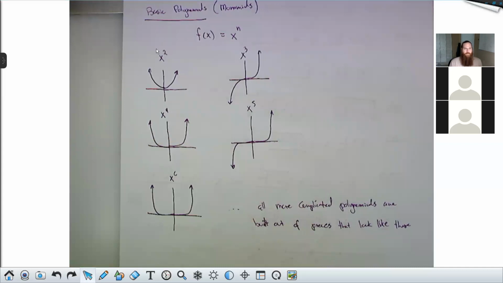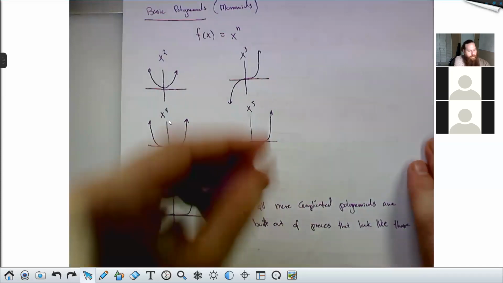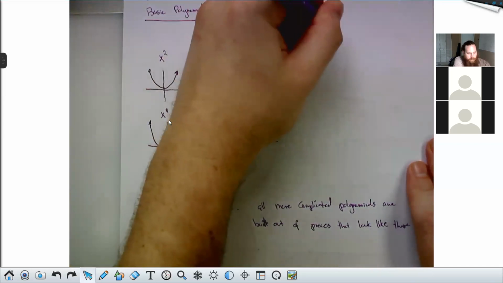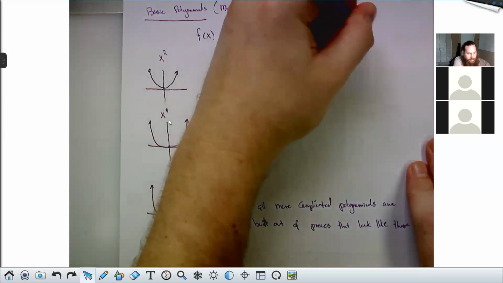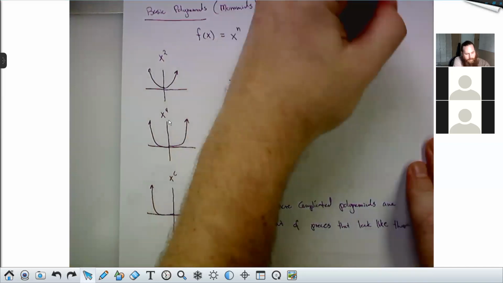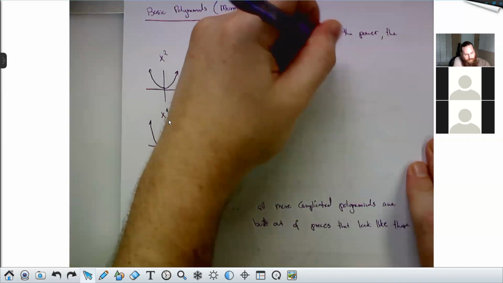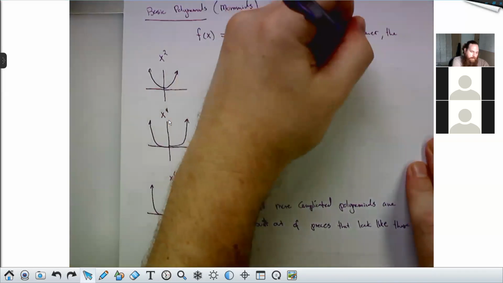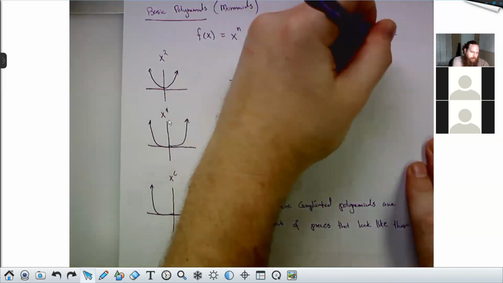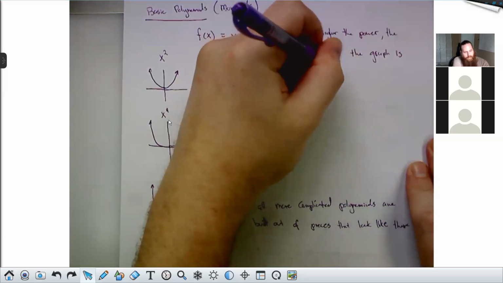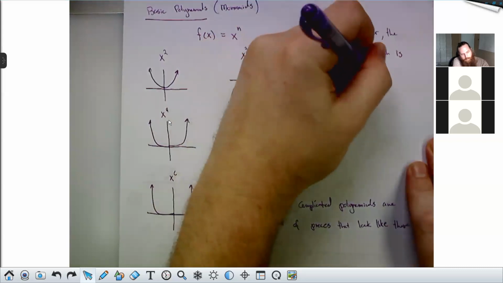So the business with the higher the power, maybe I'll write that here. The higher the power, the flatter the graph is near the x-intercept.